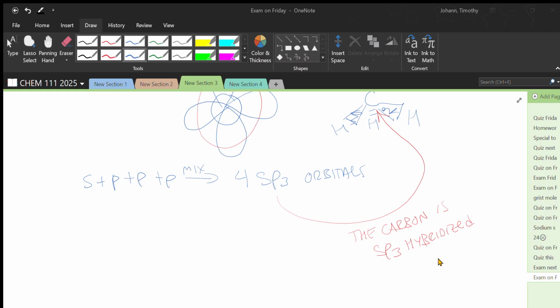So if we do this hybridization, we end up with 4 sp3 orbitals and they look like this. Does that make sense? And you see how that fits the shape of our CH4 right there? You can mix these sp3 orbitals.